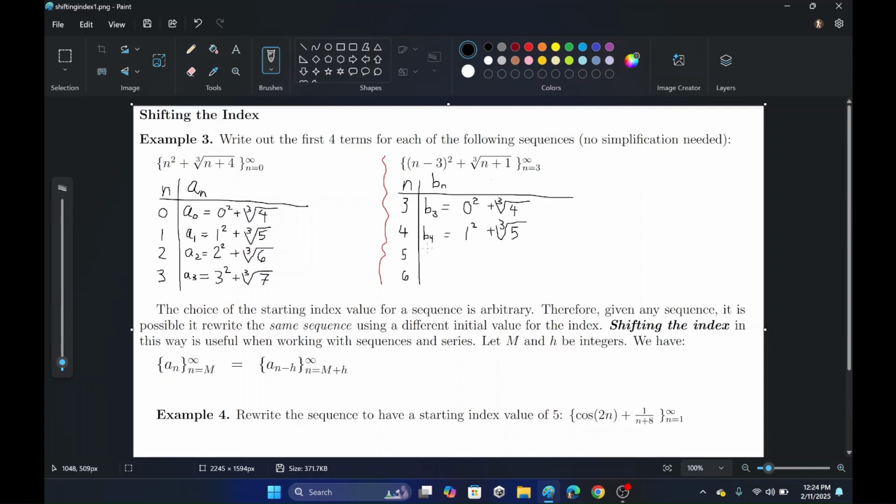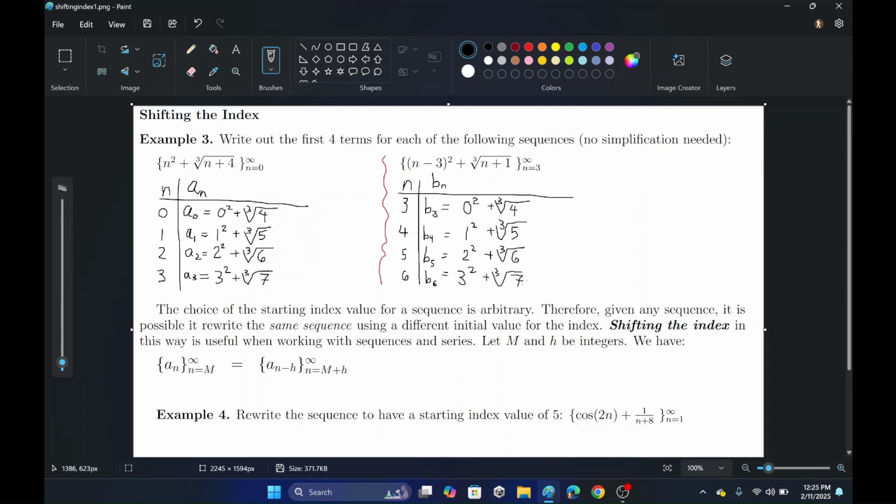The first 4 terms are exactly the same. So if we look at b_5, just to double check, 5 minus 3 is 2, so sure enough, 2 squared plus now the cube root of 6, and sure enough, b_6 will equal 3 squared plus the cube root of 7.